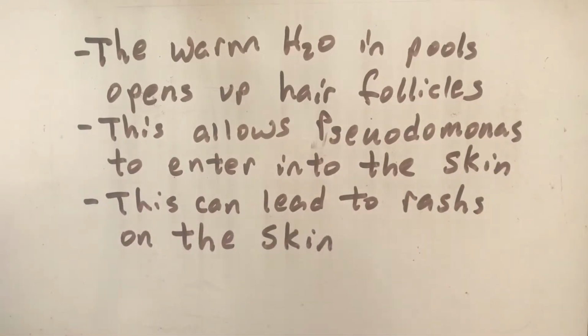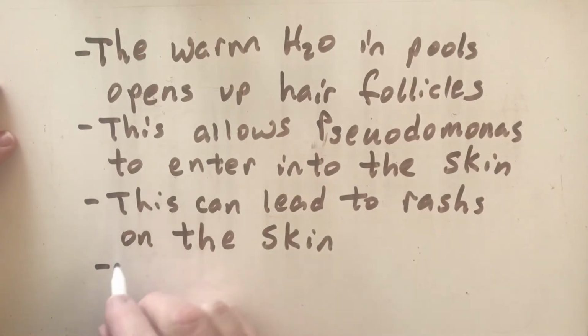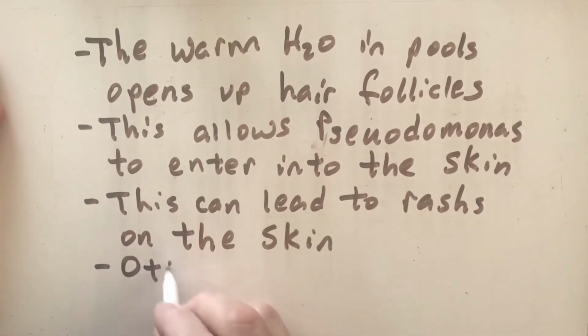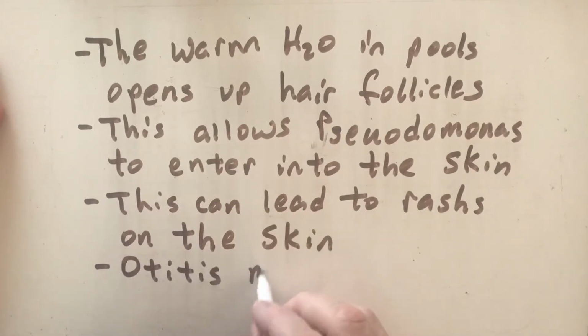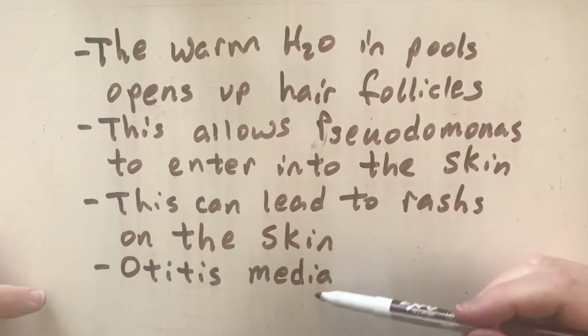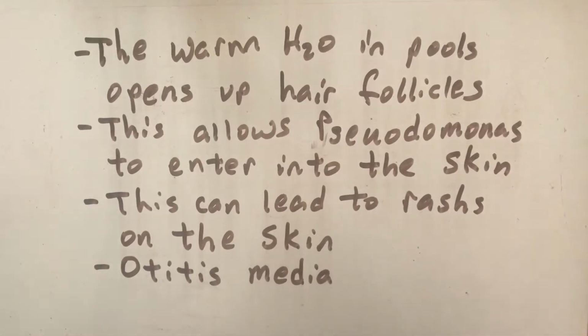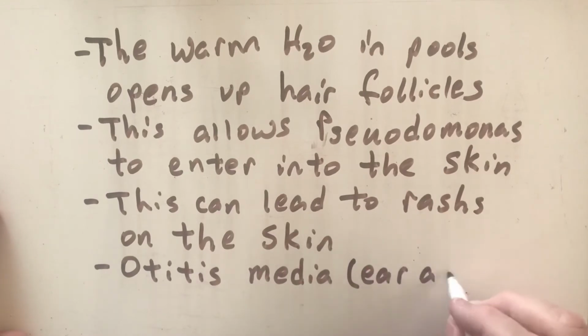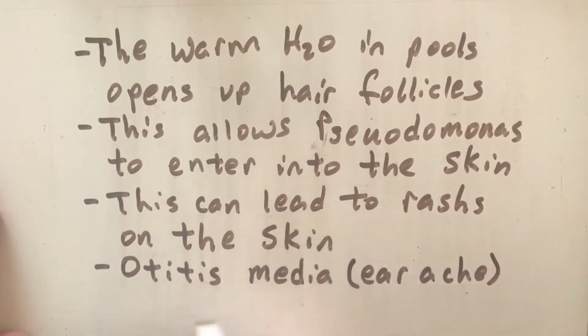Okay, and if it gets into the ear, it can also lead to otitis media. This is an earache, a middle ear infection. The more common term that people know is swimmer's ear.